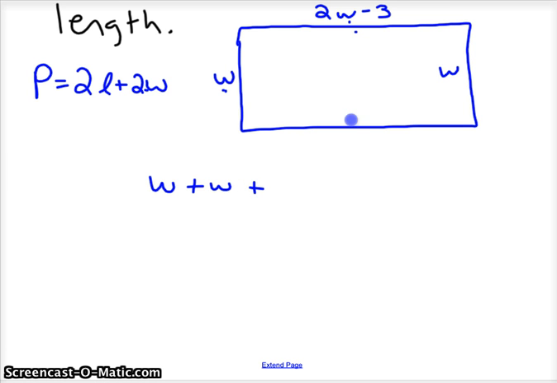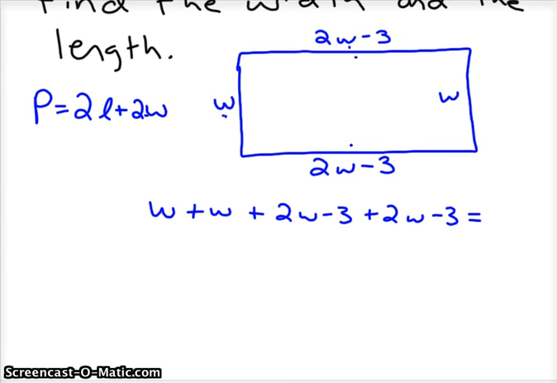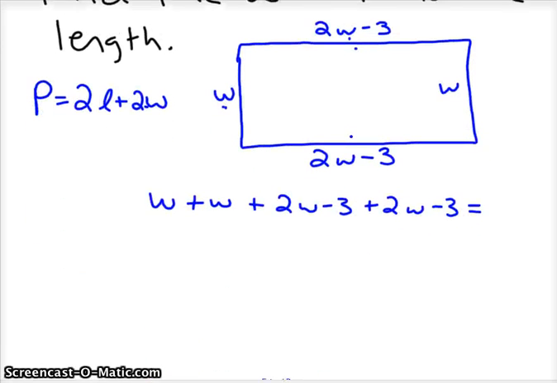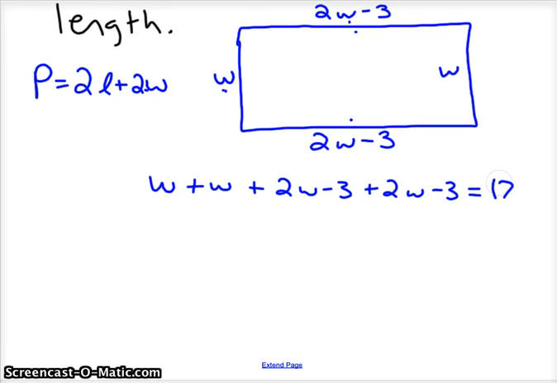It's a rectangle, so this one has to be 2W minus 3. So we have 2W minus 3, two of those, and we know that has to equal 174 feet.